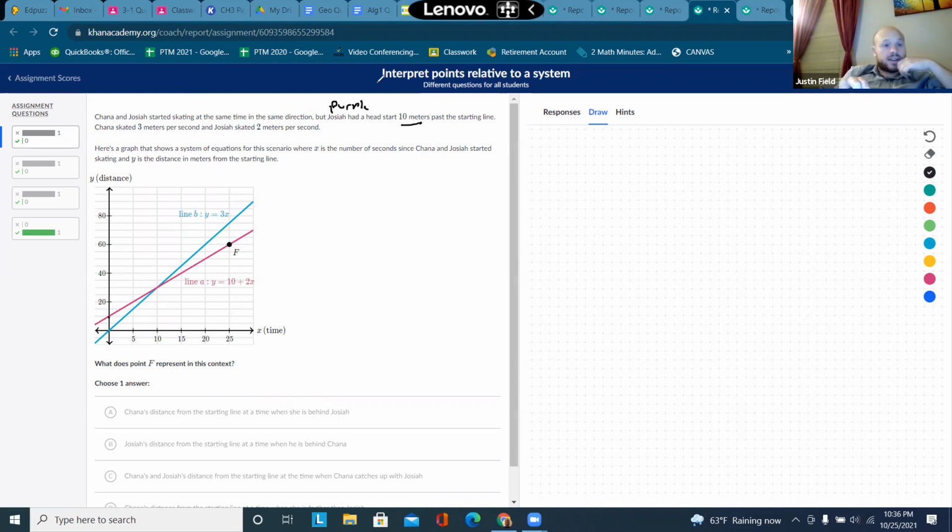Chana skated 3 meters per second and Josiah skated 2. So we can also see that the blue line is rising faster. That's Chana. So what does point F represent?